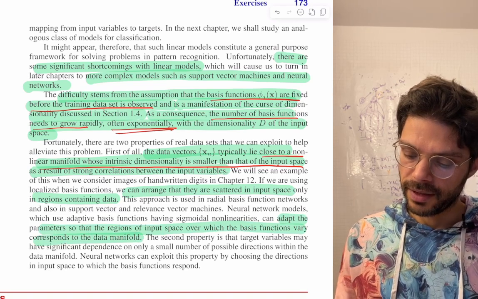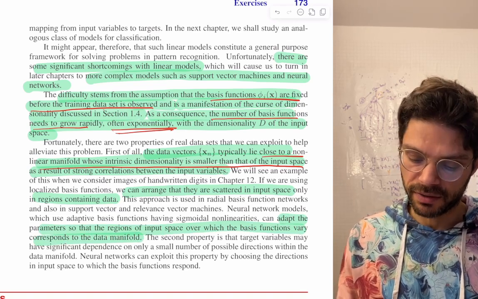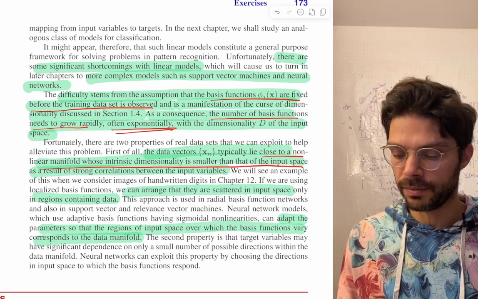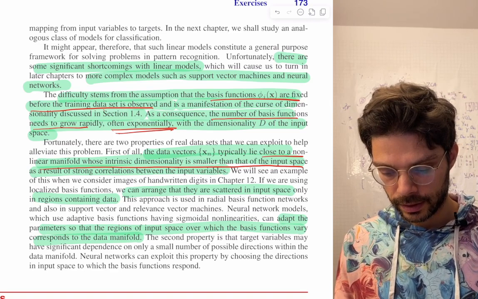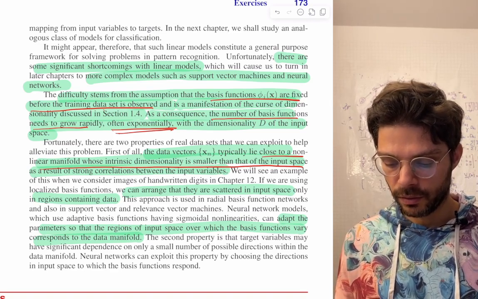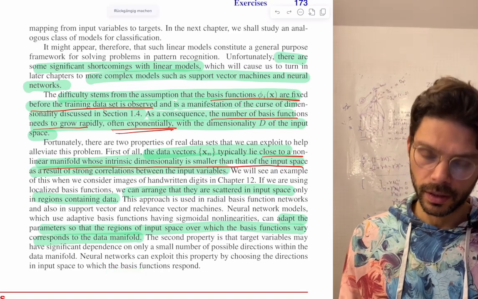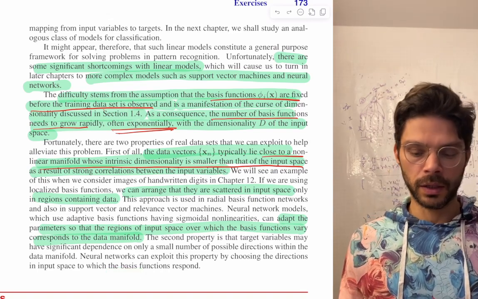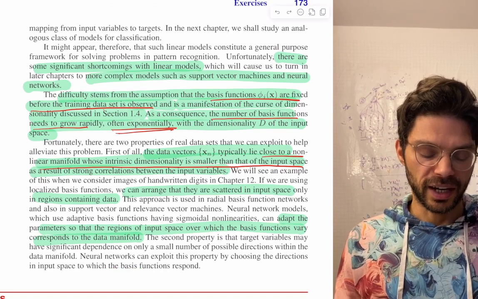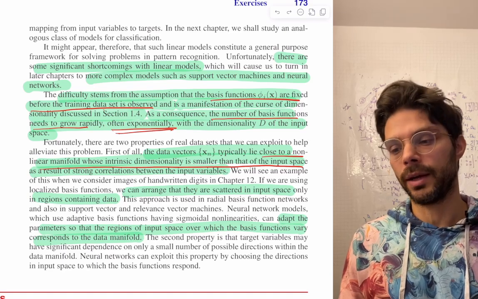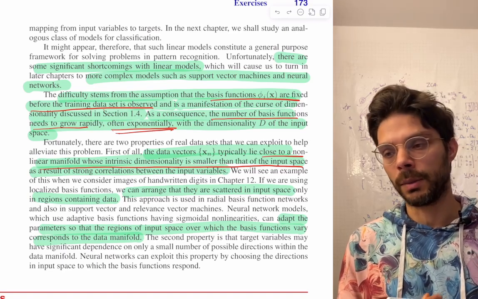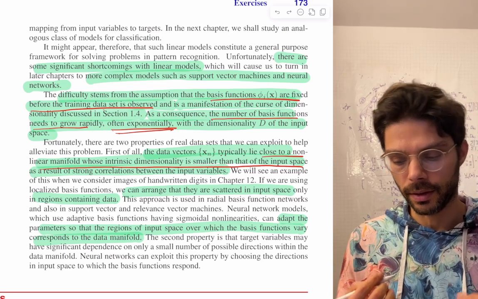Right. The second property is that the target variables may have significant dependence on only a small number of possible directions within the data manifold, by choosing directions of input space to which the basis functions respond. That's kind of interesting. I guess he's saying another way to look at it is that it's possible your data is high dimensional, but only a small number of dimensions actually determine the targets.